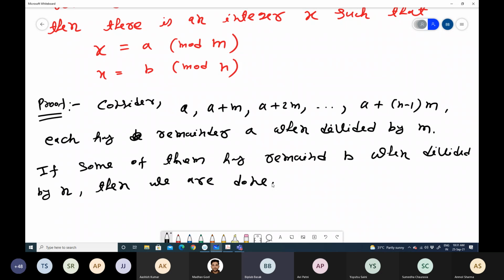Is it fine? In that case, suppose this has remainder b when it is divided by n. It has already remainder a when divided by m. That means you can choose your x equal to a plus 2m. So this is trivial.